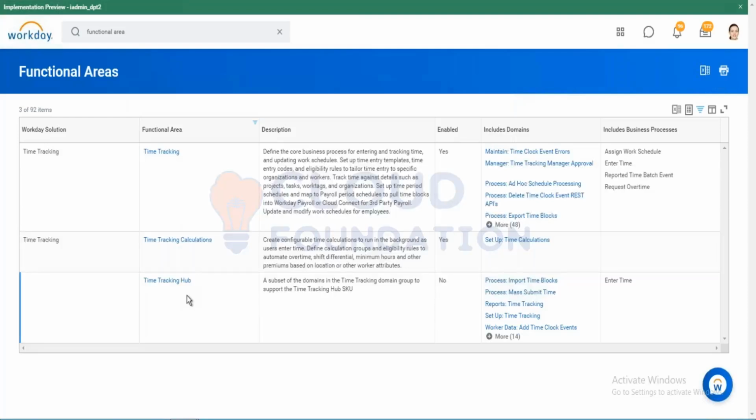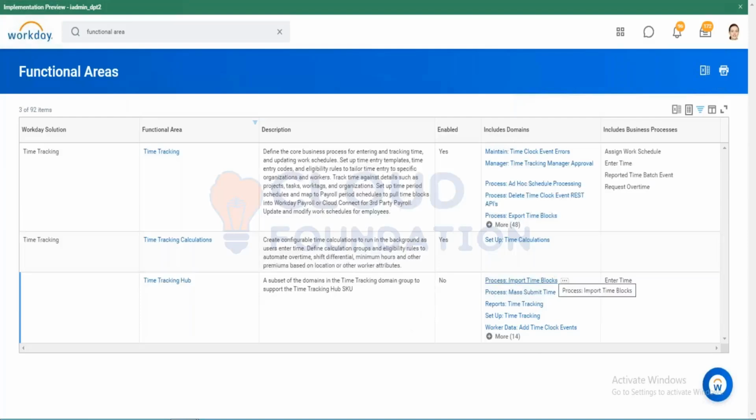When third-party systems need to interact with Workday's time tracking using integration files, inbound and outbound, then the time tracking hub needs to be enabled. Then any hour entered in the SAP system will flow to Workday via batch integrations. Those integrations come into the picture if this feature has been enabled. All right, that's clear.